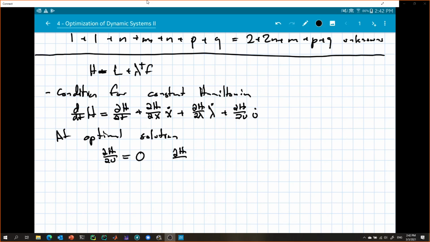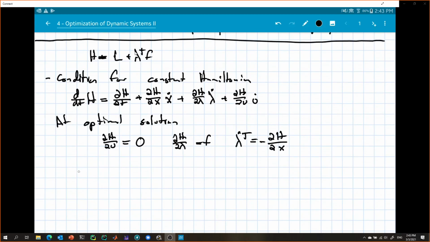We have the partial with respect to the costates is equal to the dynamics f, and then the time derivative of the costates is equal to the negative partial derivative of the Hamiltonian with respect to x. So we just plug those back in.